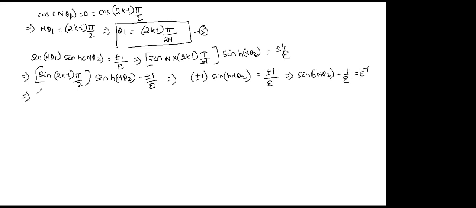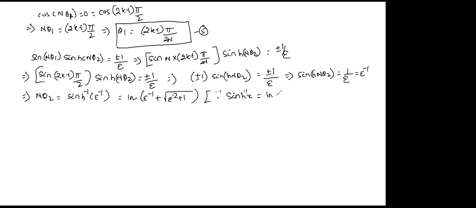Or you can write n theta 2 equals sin hyperbolic inverse of epsilon inverse, which equals ln of epsilon inverse plus square root of epsilon to the power minus 2 plus 1, because sin hyperbolic inverse x equals ln of x plus root over x squared plus 1.